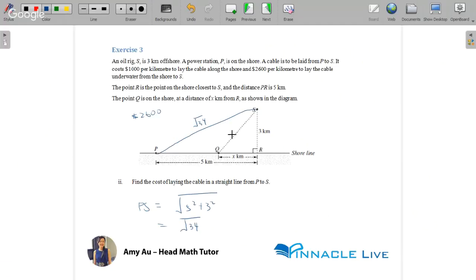So therefore the cost of laying the cable from P to S will simply be 2,600 times the length.